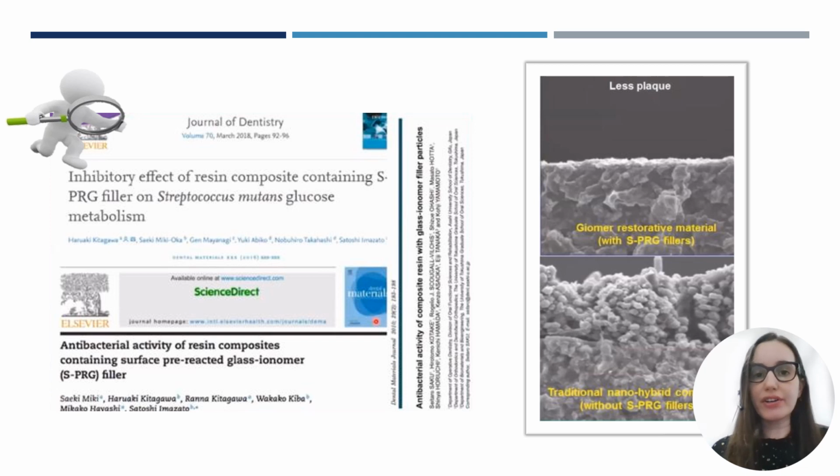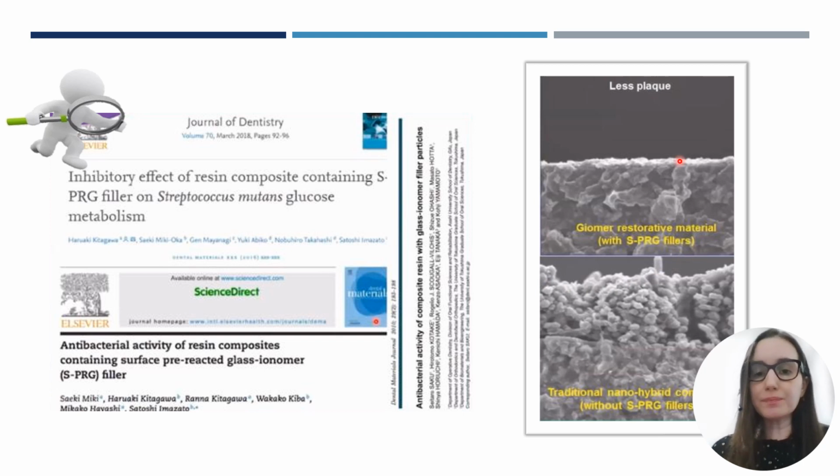Let's take a look at the characteristics of composite resins. There are many studies showing that the mechanical properties of composites with SPRG fillers are similar to conventional resins. Furthermore, it has been reported that they are capable of inhibiting the growth and metabolism of Streptococcus mutans on their surface due to the release of multifunctional ions. It's important to highlight that composite resin is the material that aggregates the most bacteria on its surface.